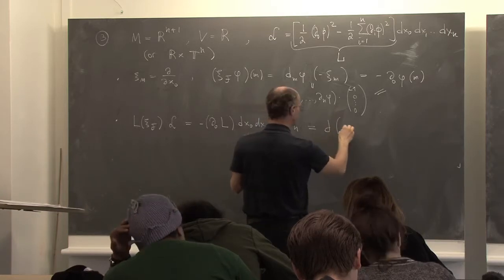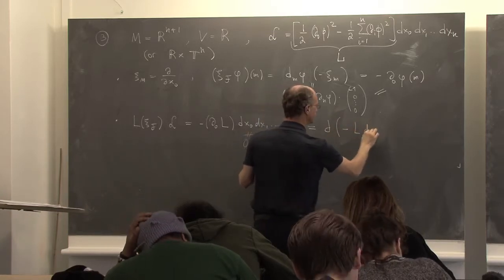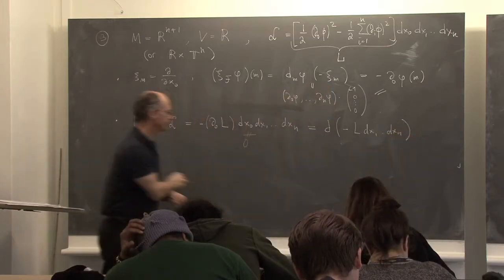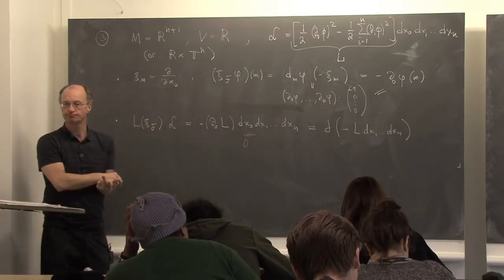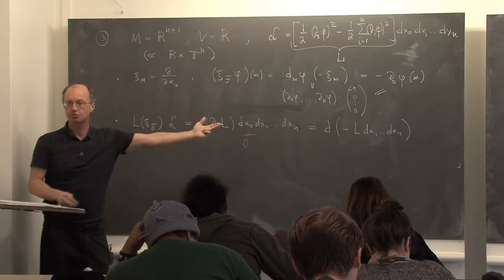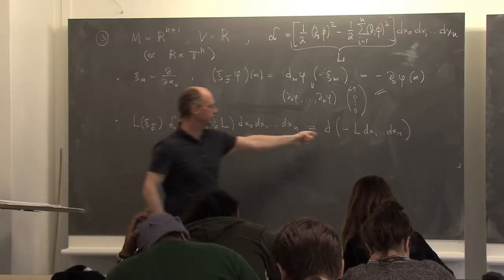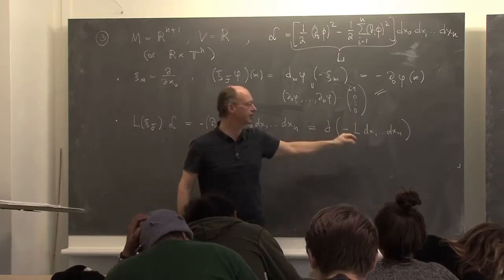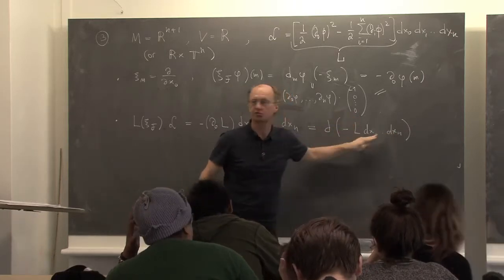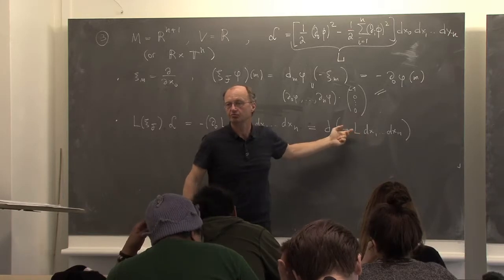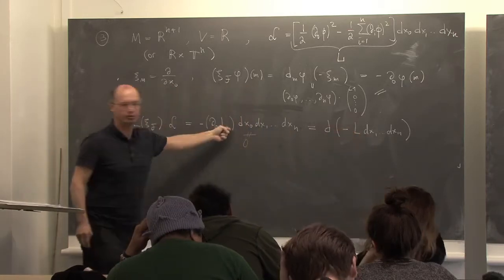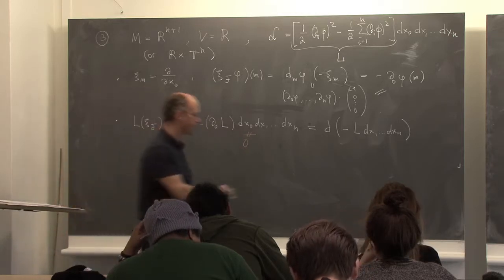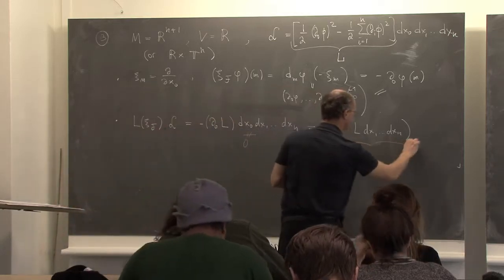This is d of minus L dx1 wedge dxn, right? So this seems to be a correct equality. You apply d to L, it will compute derivatives in all directions, but since it's only dx0 which is missing in my form, only the d0 derivative will count. So that's my alpha.